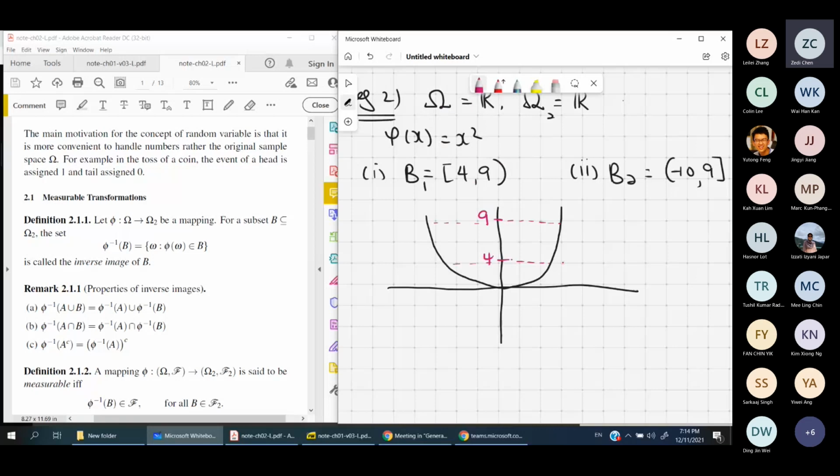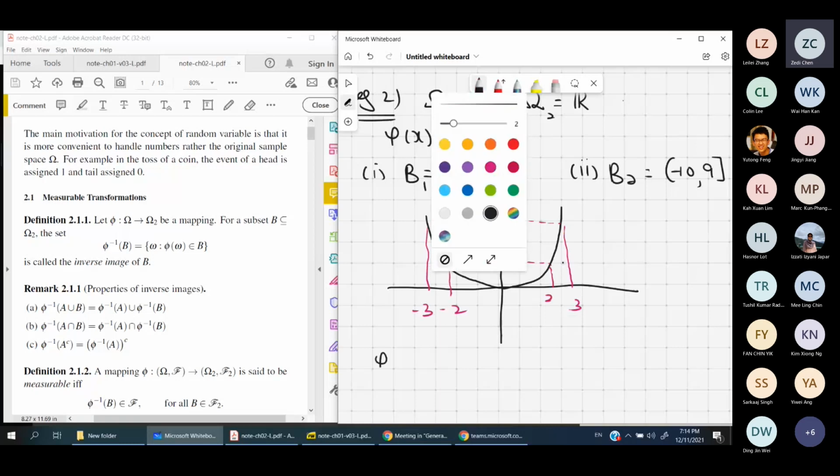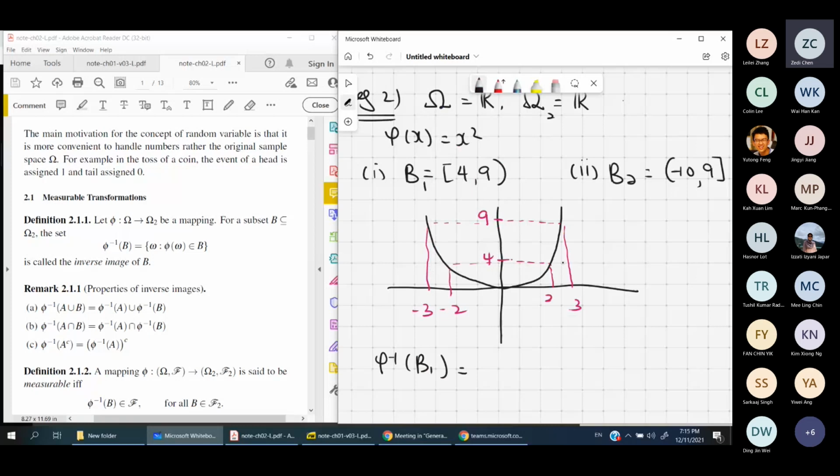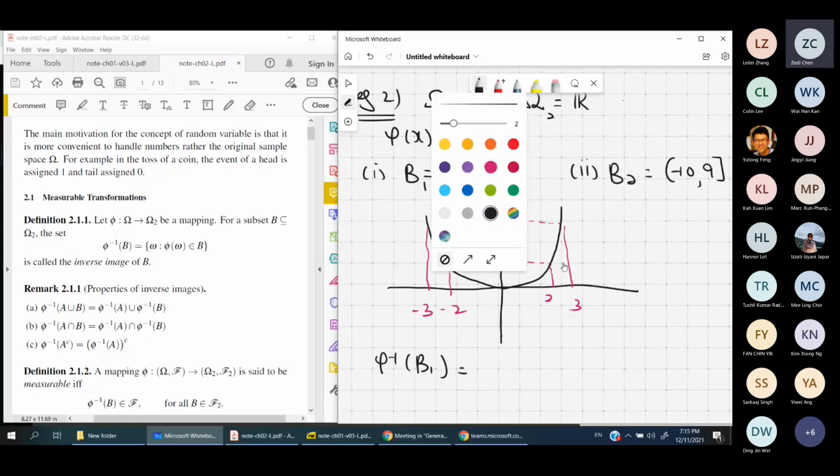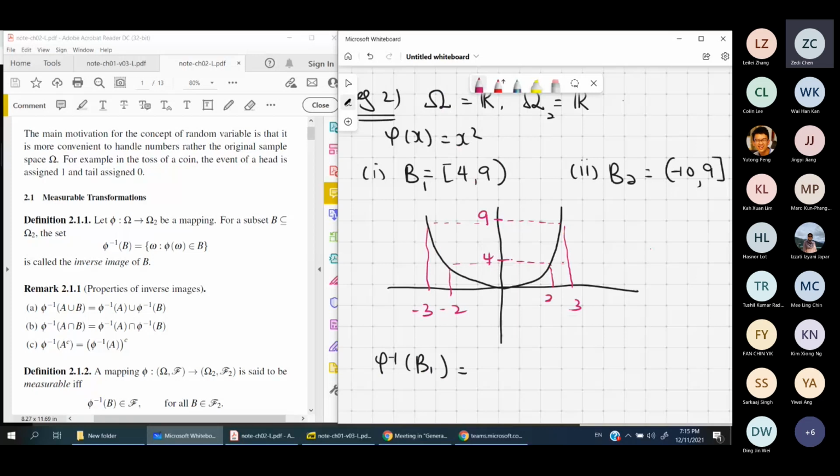Okay, and this is square, right? 4, and then here must be 2 and 3, as well as -2 and -3. So that's why, for the first question, we got the answer. Find the inverse image of B1: including 4, excluding 9. I think I better draw it.